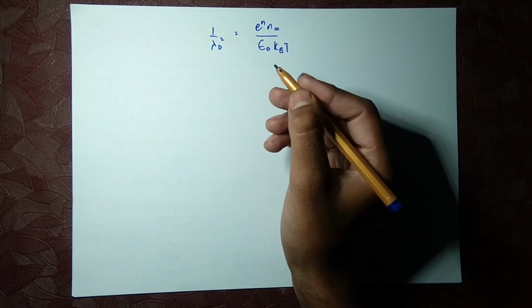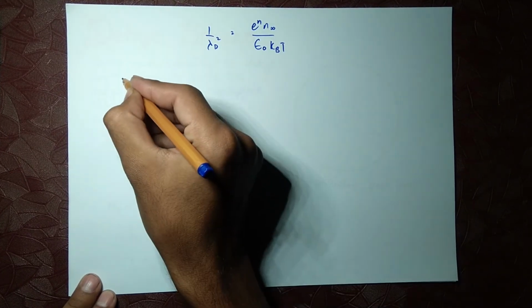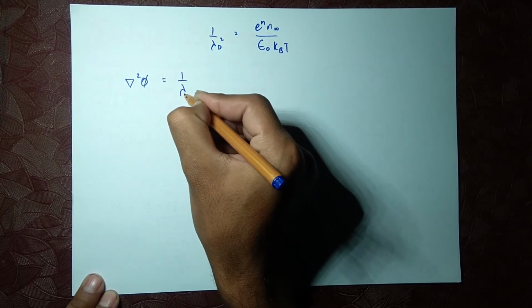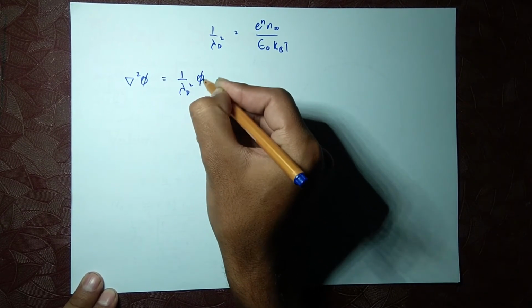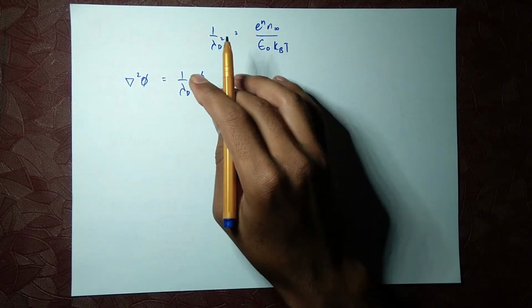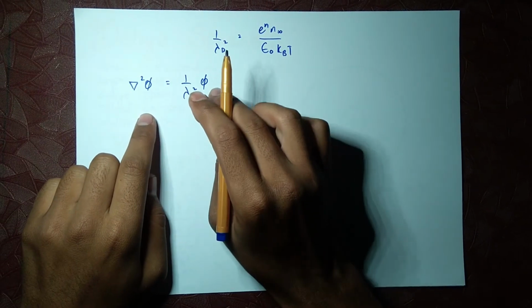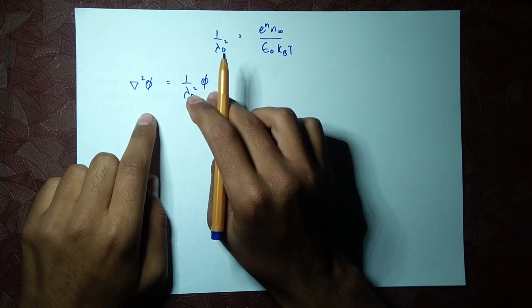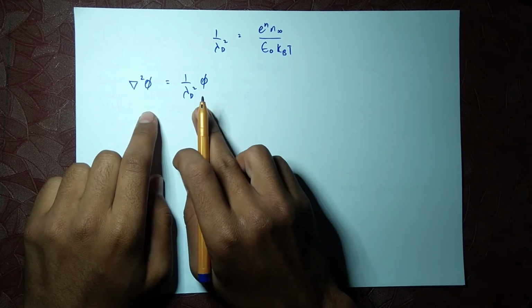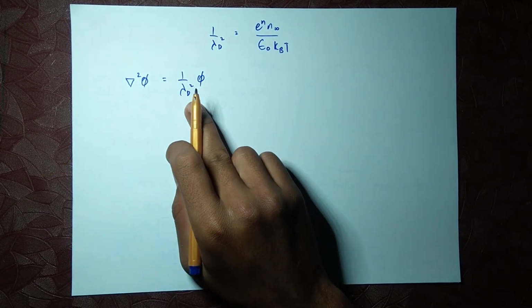The equation I derived was del squared of phi is equal to 1 over lambda_D squared times phi. If you haven't seen this before, you have to watch my first lecture on Debye shielding, and then you will see where this equation came from.